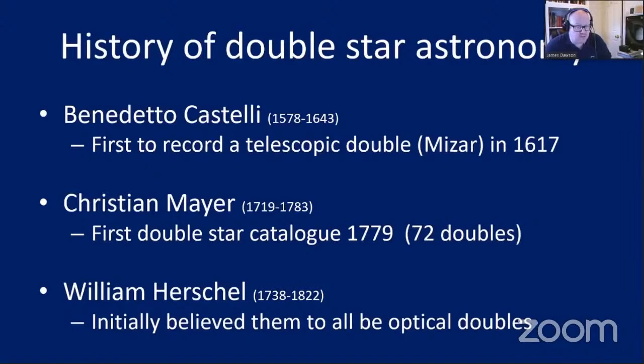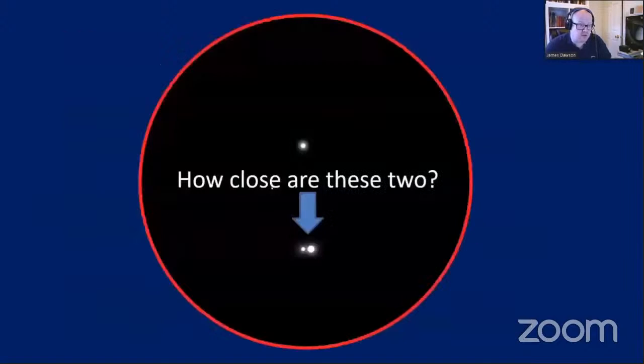And this is about the time that William Herschel got involved, of discovering Uranus fame. He initially believed them to be optical doubles, and he was going to use them to study stellar parallax. But during his investigations, he became convinced that some of these pairs were actually associated with one another. They weren't background stars.